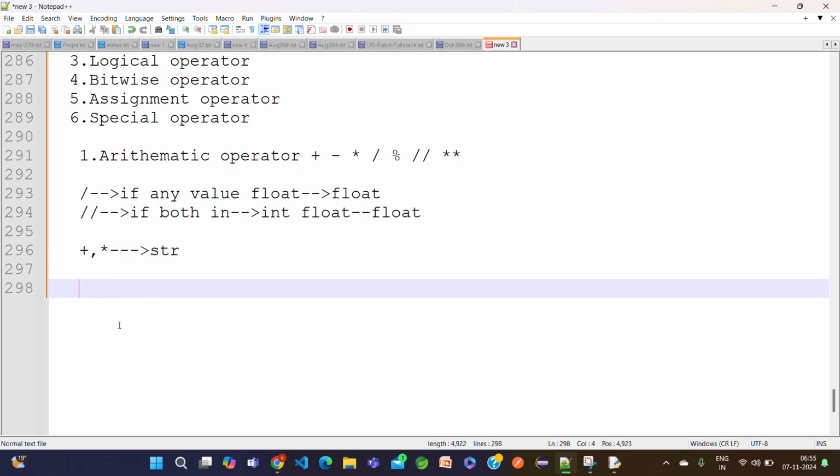One more point: something divided by 0, for example 23 by 0, or 34 modulus 0.